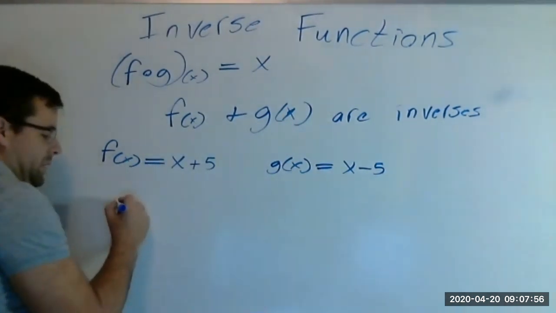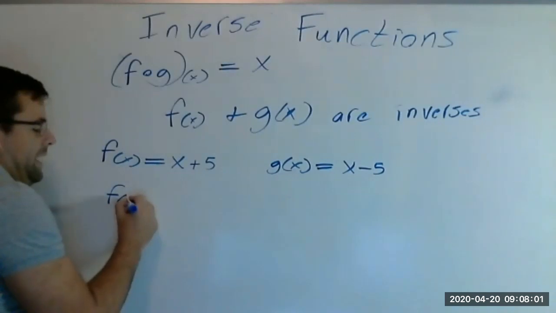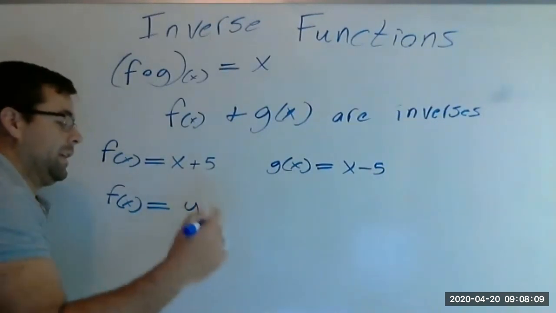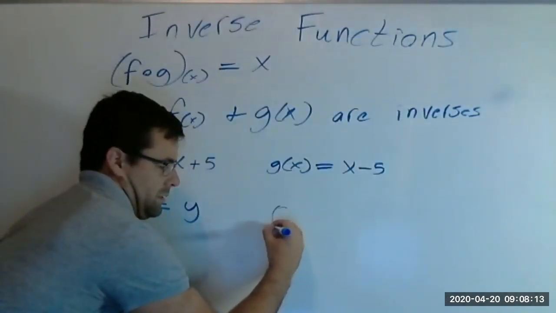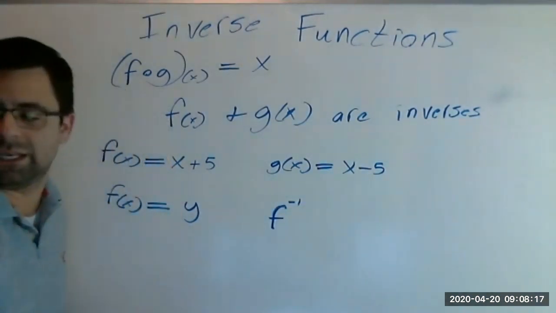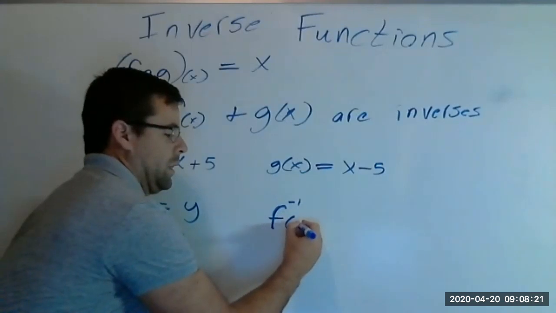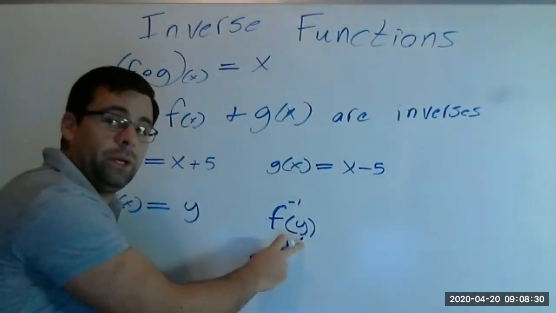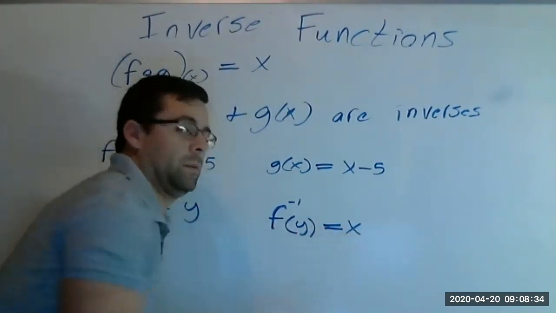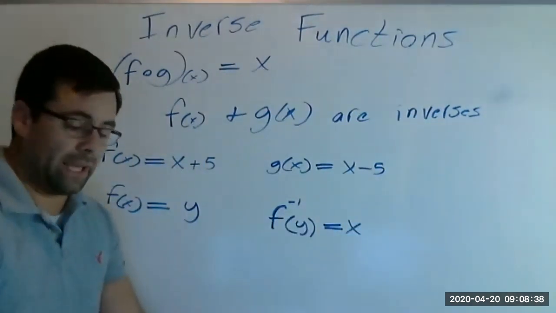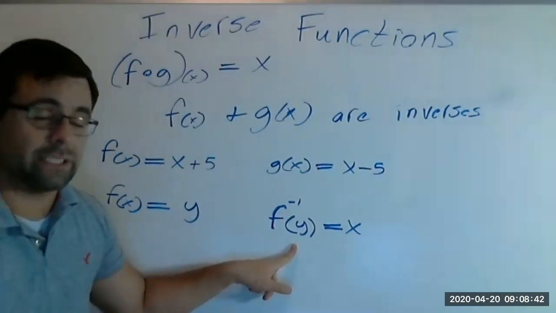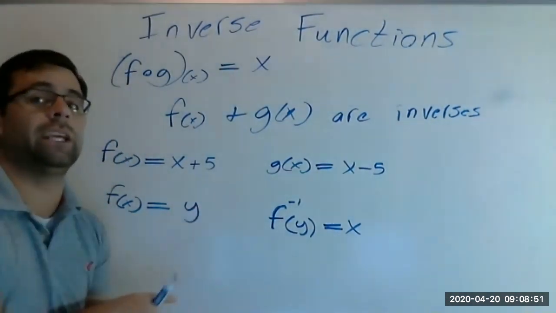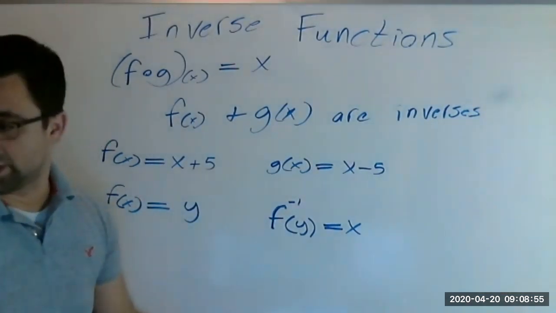So if f of x gives you some output y, then the inverse of f, which we denote by putting a -1 on the letter, takes the output as your input and gives you back x. This is how we find an inverse: we take the original function, switch the input and the output, and then resolve it.